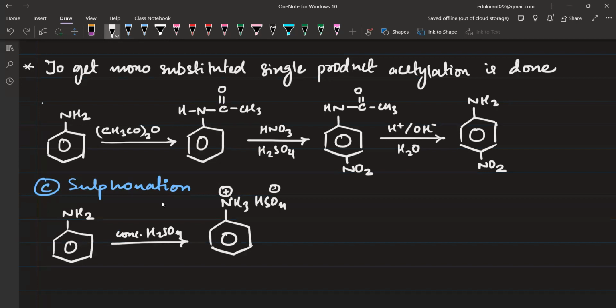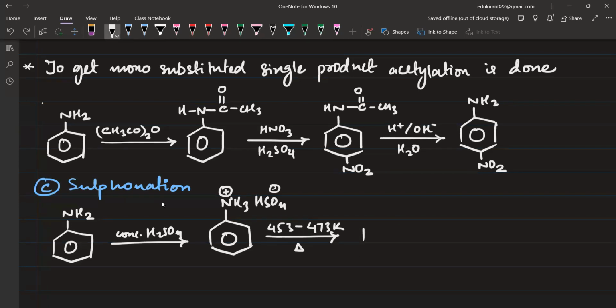Salt formation will be there, but if you heat it at high temperature, 453 to 473 Kelvin, you can just write heat here. You will get para substituted aniline.